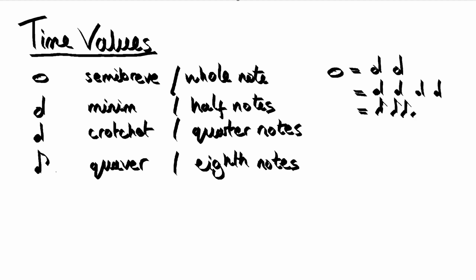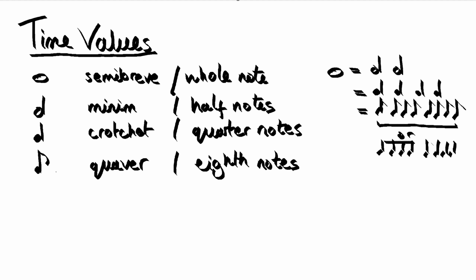Now, when we draw eighth notes, sometimes you will see them written separately like this, but you might see them joined together in groups of 2 or even 4. I'll join them in 4s, like so. And this makes these notes slightly easier to see, but these two things, they mean exactly the same thing. Okay.